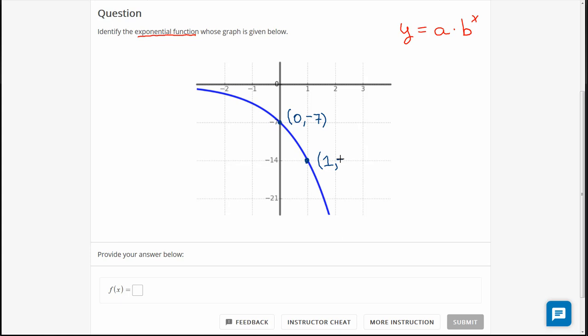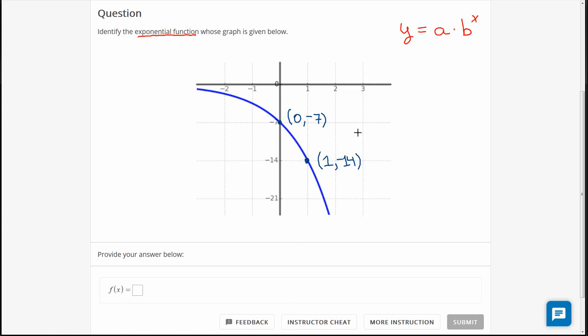You don't have to use these 2 points, but I think they are the easiest ones to use. If you're feeling a little bit spicy, you might try to do this problem with 2 different points. Of course, that might be kind of hard because these are probably the only 2 points I actually know the coordinates of.